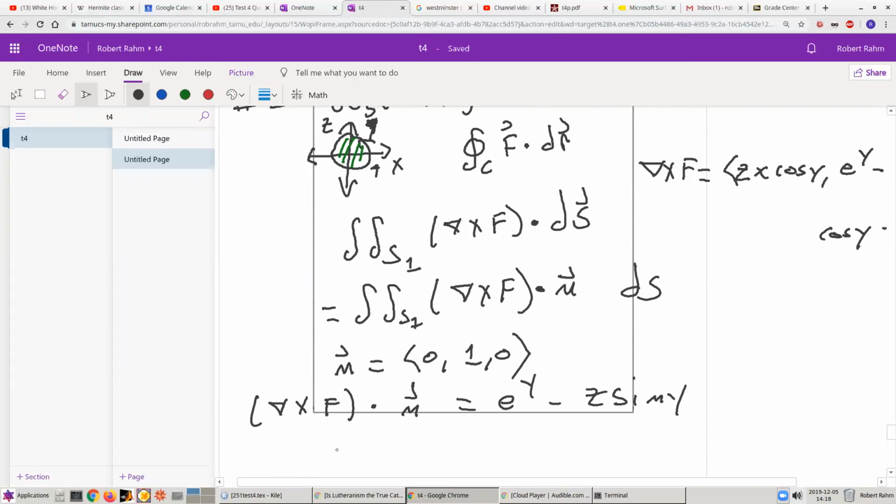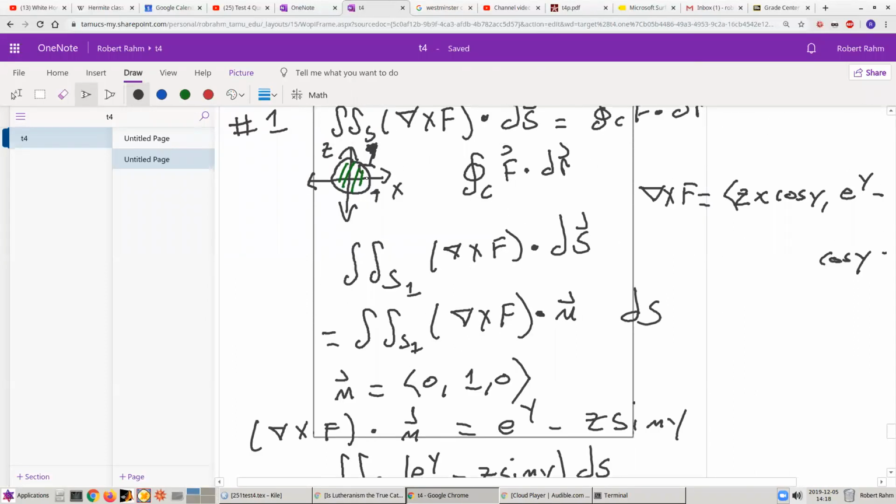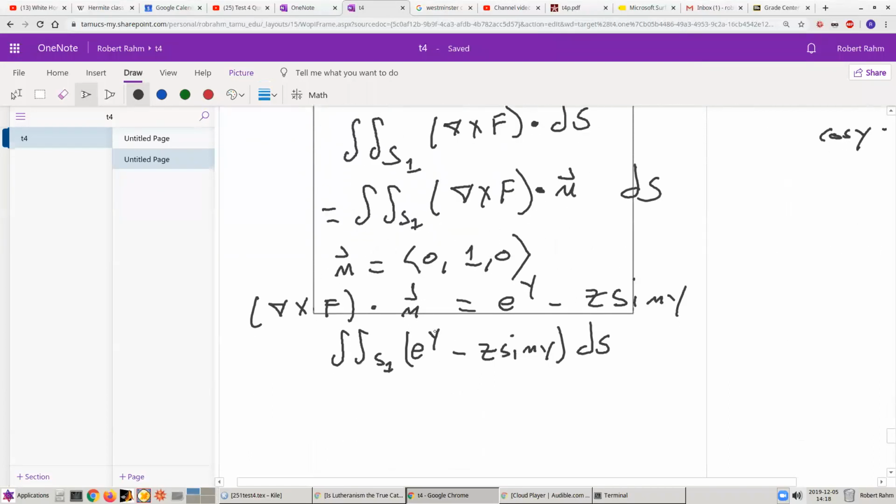So we want the surface integral of e to the y minus z sine y. But on this disk, y is equal to 0 because this is in the xz plane. So the integrand becomes e to the 0, which is 1, minus z sine of 0, which is 0.